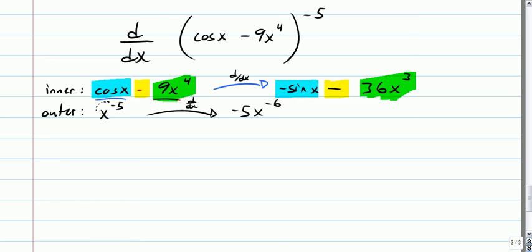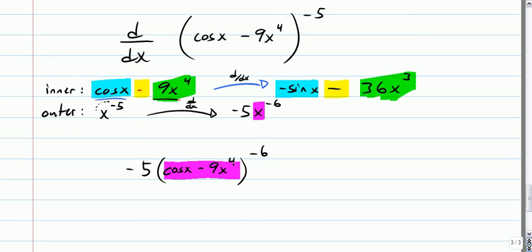Okay, so derivative of the outer, evaluated at the inner. So where you see x in purple right here, that's where I'm plugging in the inner function. And that was cosine x minus 9x to the 4th.